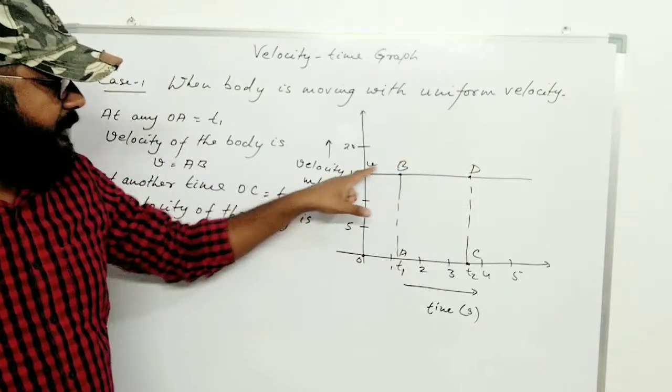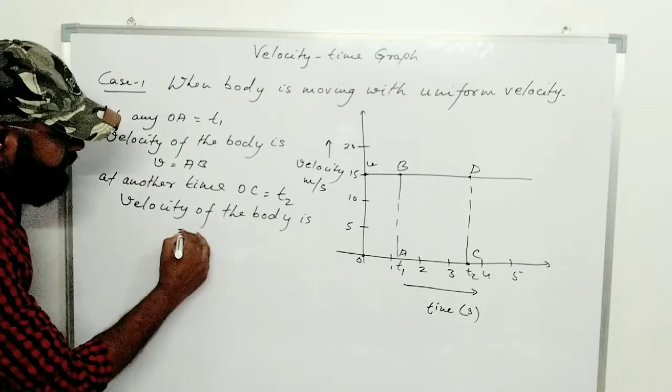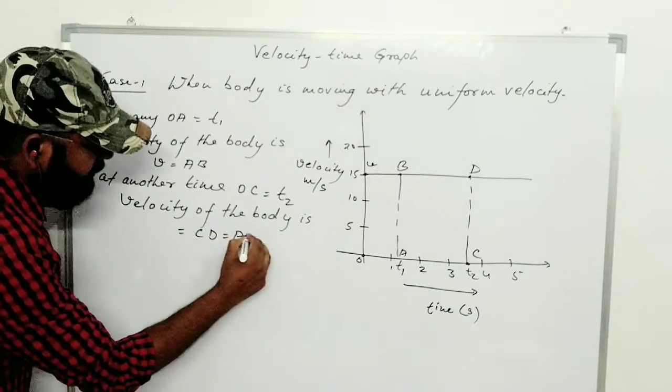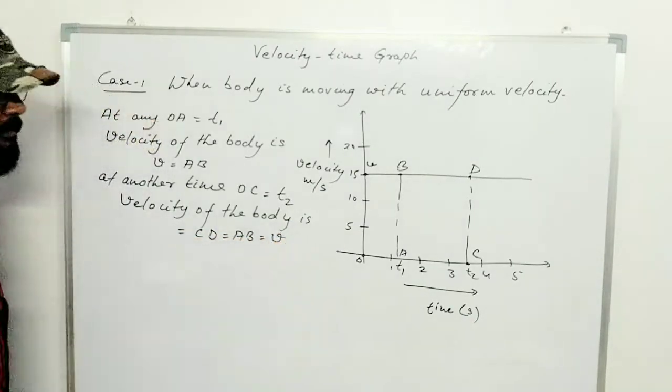CT is equal to AB, and that is equal to V. Then CD is equal to AB is equal to V.